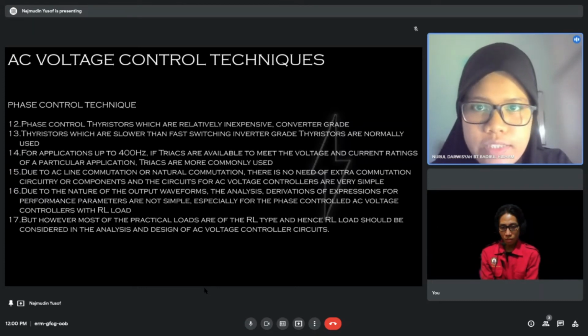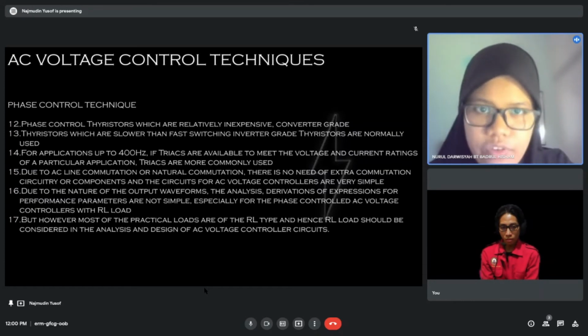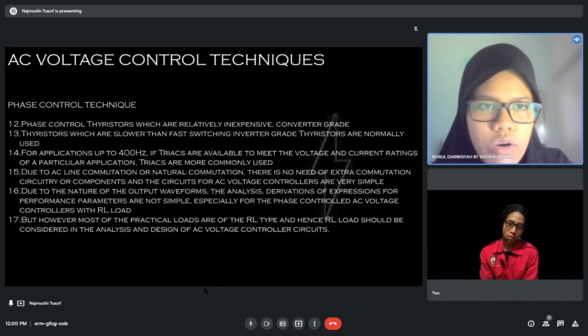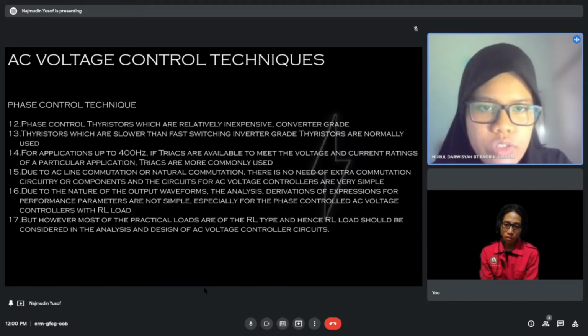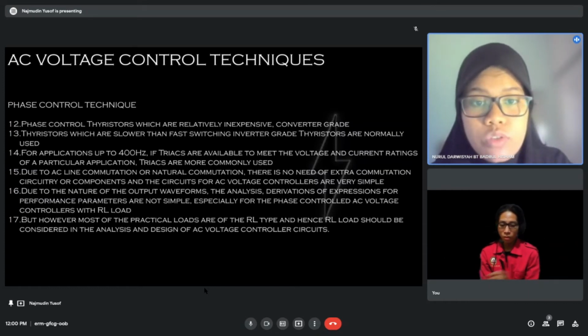Especially for the phase control AC voltage controller with RL load. 17. However, most of the practical loads are of the RL type, and hence RL load should be considered in the analysis and design of AC voltage controller circuit.